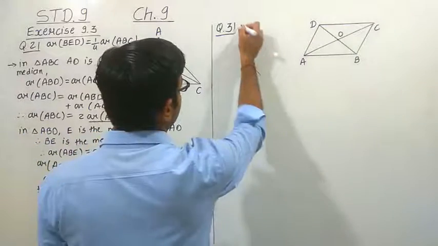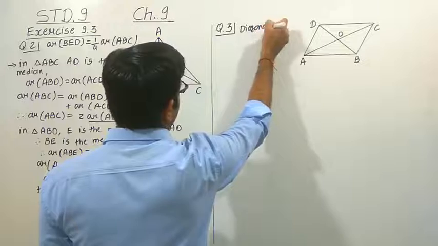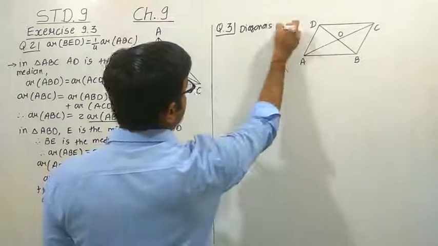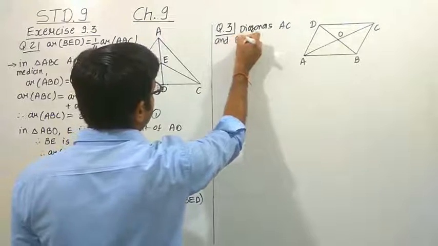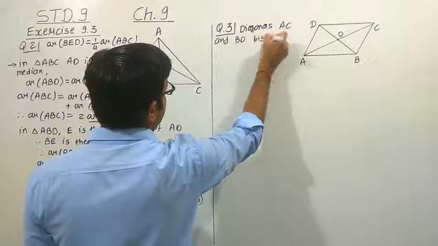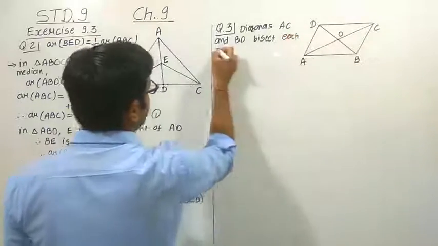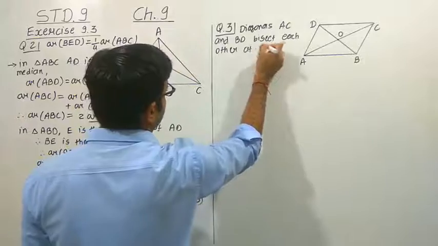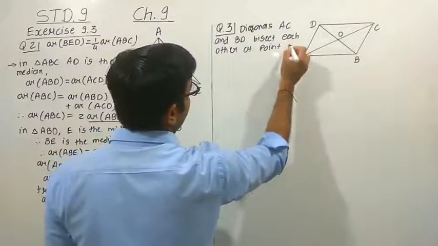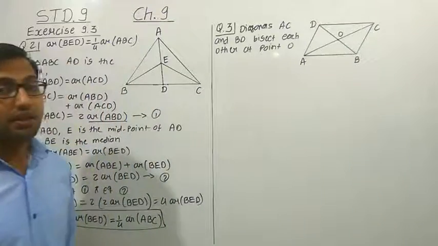So here we can write down that diagonals AC and BD bisect each other at point O. Right? Here both these diagonals are bisecting each other at a point.